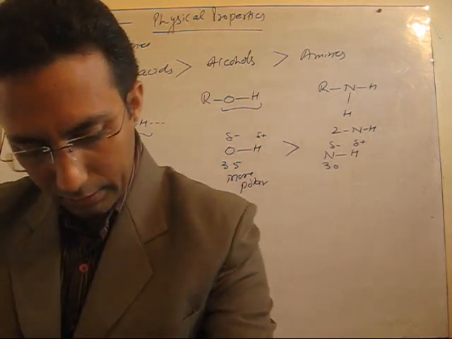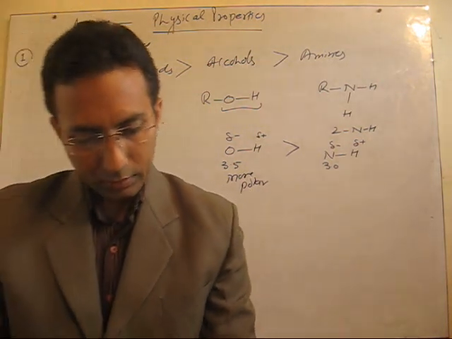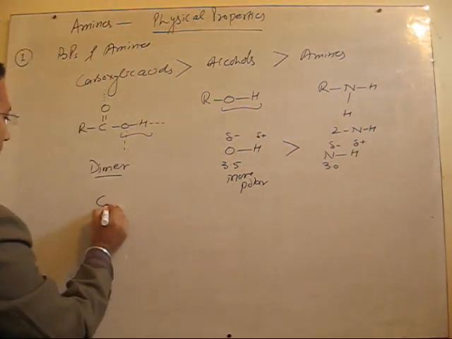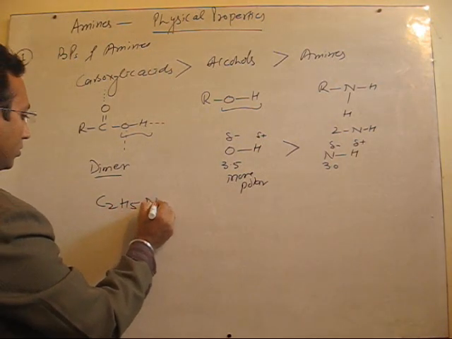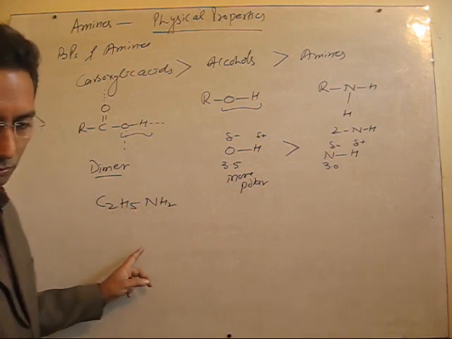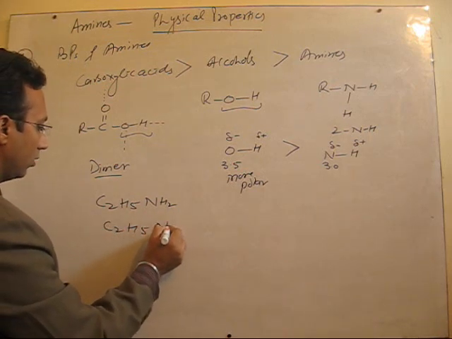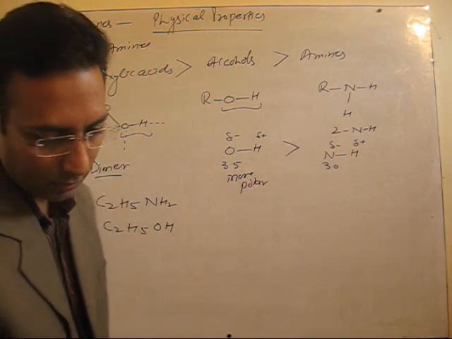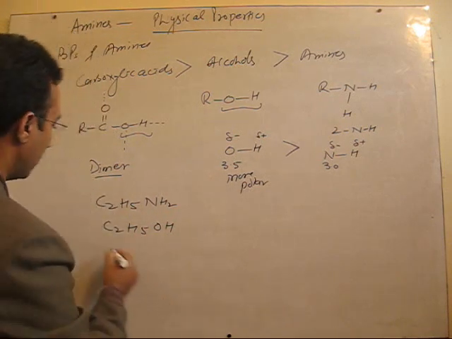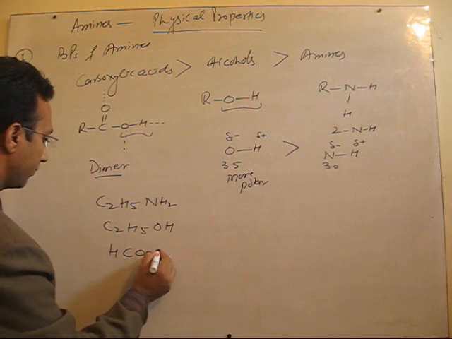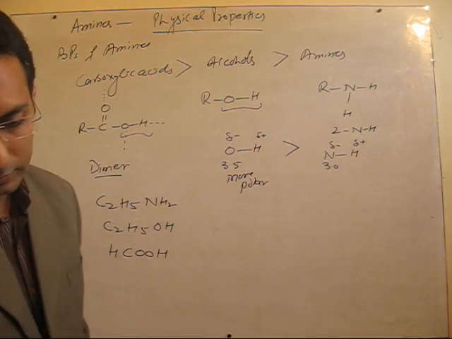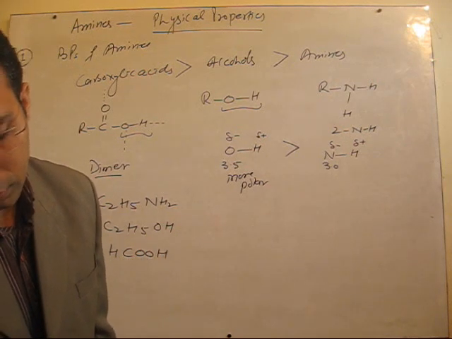I have one data here, that is comparison of C2H5NH2, ethylamine, ethyl alcohol of just comparable molecular mass, and one comparable molecular mass is formic acid, methanoic acid, and their boiling points I am just giving you.